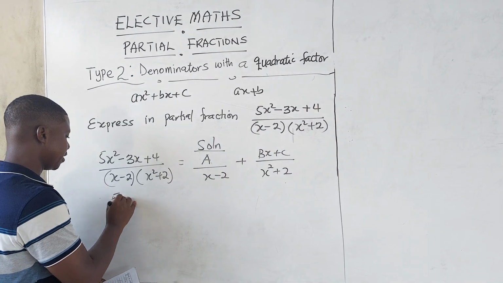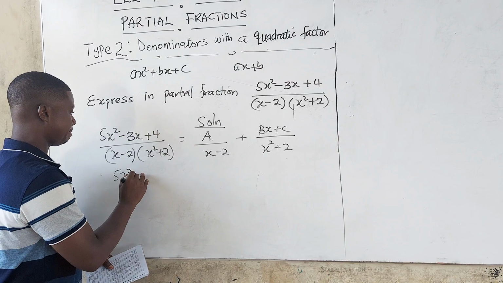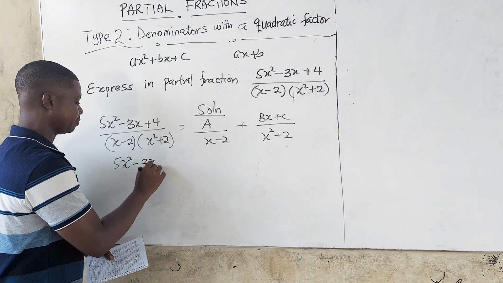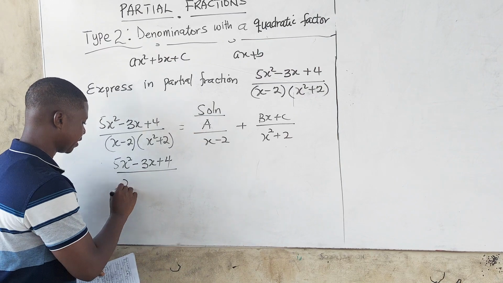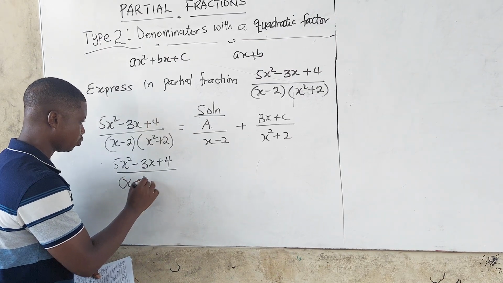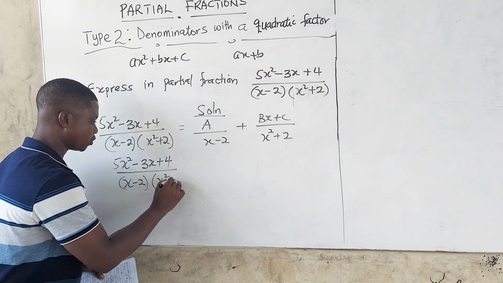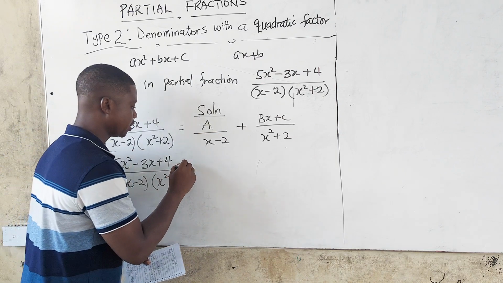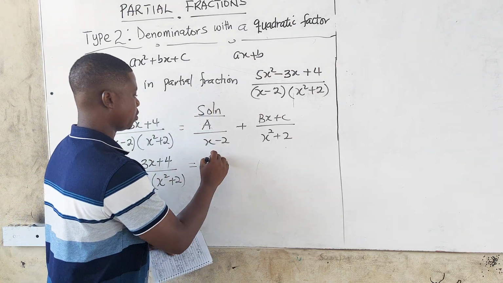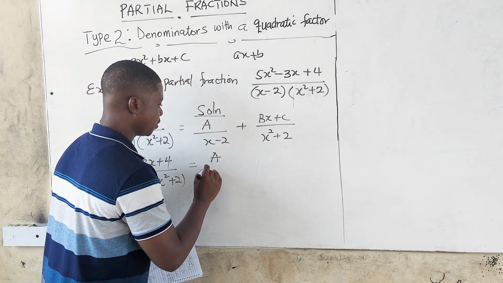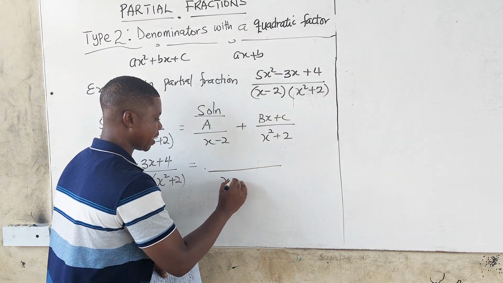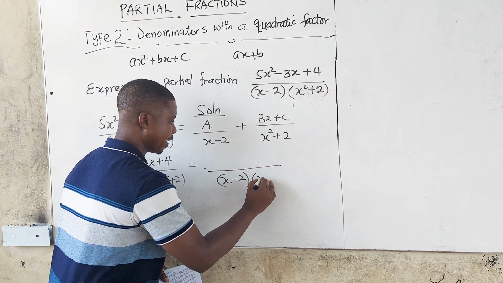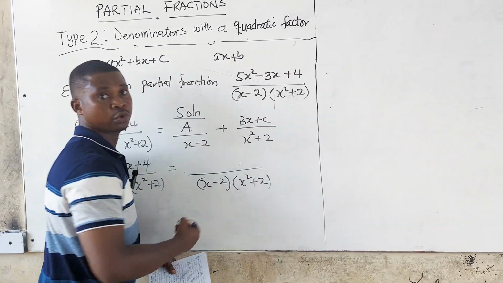So 5x squared minus 3x plus 4 all over x minus 2 times x squared plus 2 is equal to the LCM, which is x minus 2 times x squared plus 2.